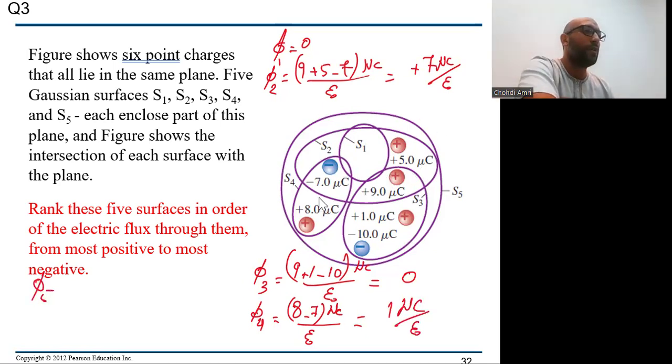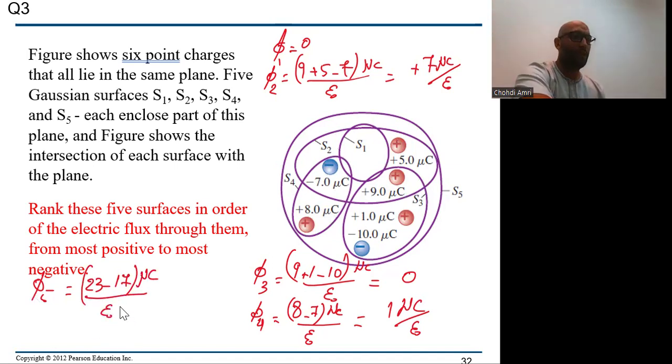Phi 5 encloses all the charges, so we have 5 plus 9 plus 1, that is 15, and 15 plus 8 means 23. 23 microcoulomb minus 17 microcoulomb, all divided by epsilon naught. 23 minus 17 gives 5 microcoulomb divided by epsilon naught.